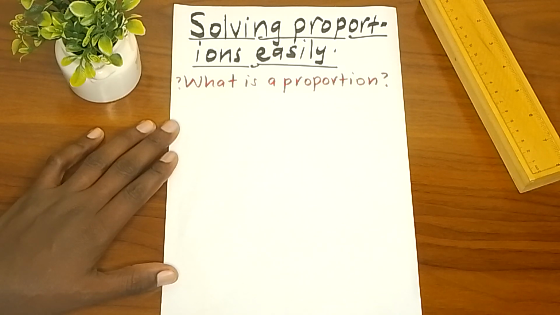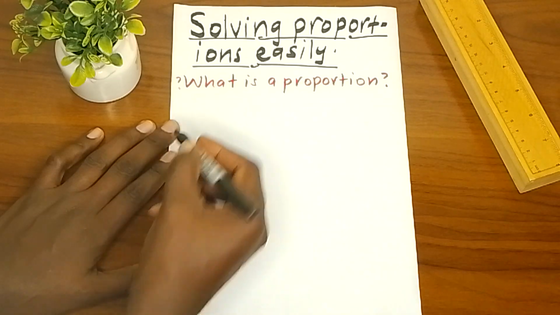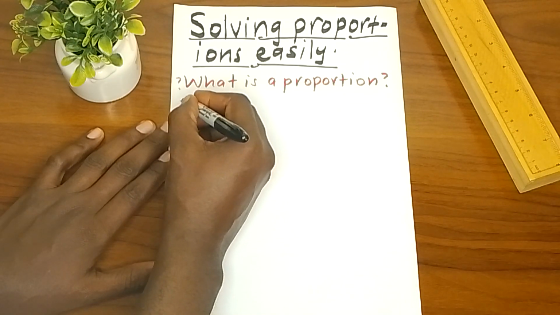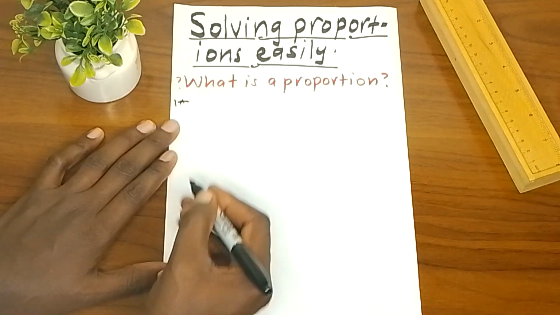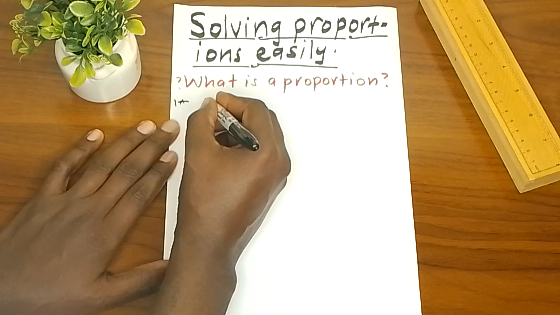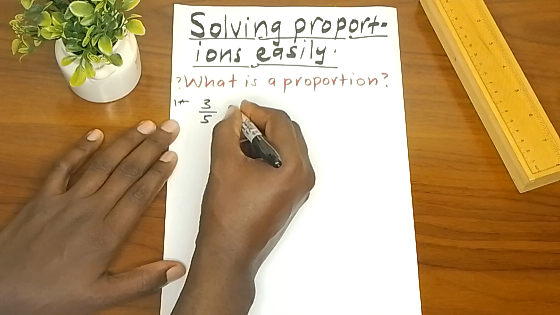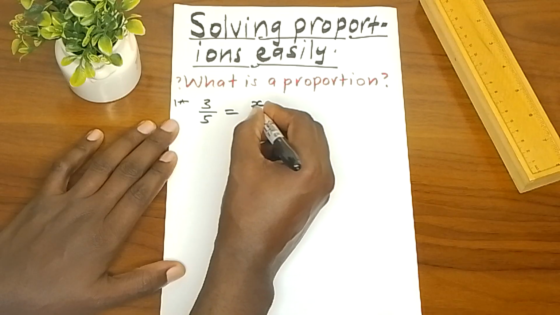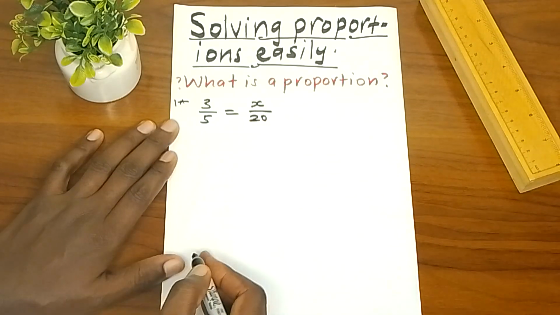So we use cross multiplication to find the value of the hidden number in our proportions. We'll have a first example: 3 out of 5 is equal to x out of 20.